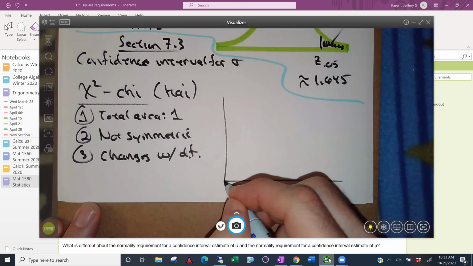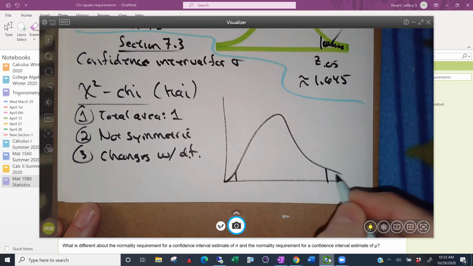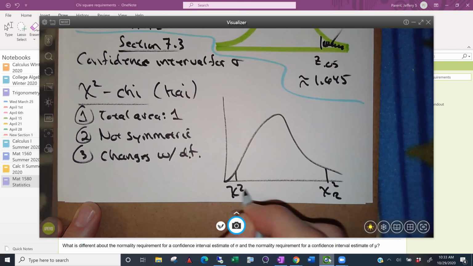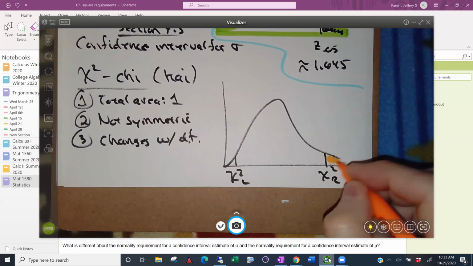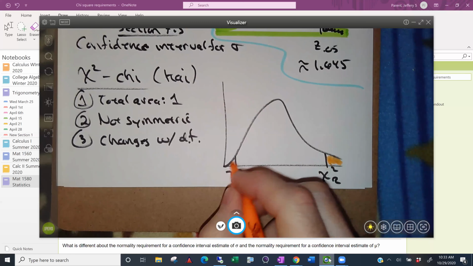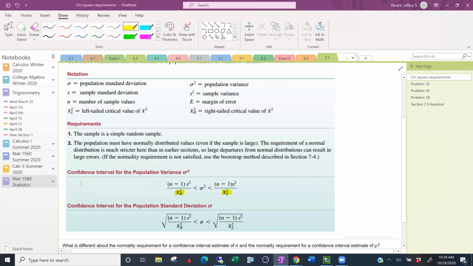So the chi-square distribution is going to look like that. Chi-square sub r and chi-square sub l are going to be points that have just a little bit of the area in these tails. And the good thing for us is that we don't have to look those up. We don't have to do any calculations at all. We're going to let some software handle it for us.